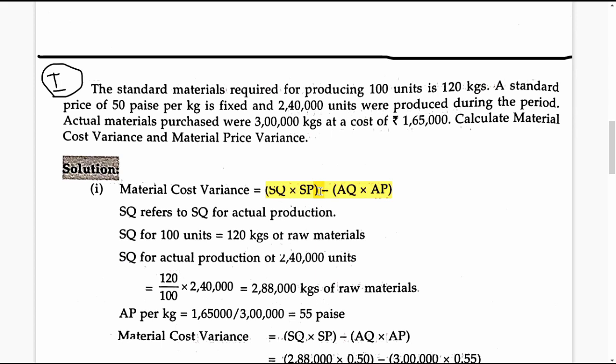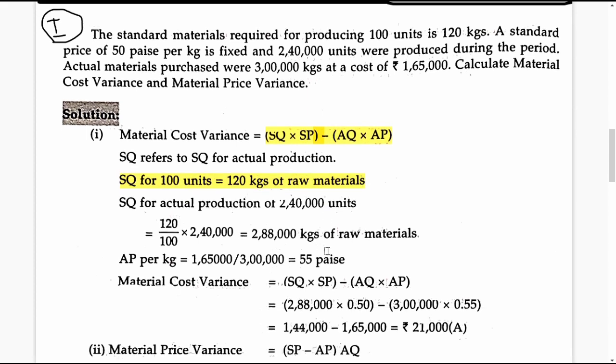Therefore, standard quantity refers to standard quantity for actual production in this problem. The given standard data is that standard quantity for 100 units is equal to 120 kgs of raw material. Standard quantity for actual production of 2,40,000 units could be calculated as follows. 120 kg is used for the production of 100 units of the finished product as per the standard norms.